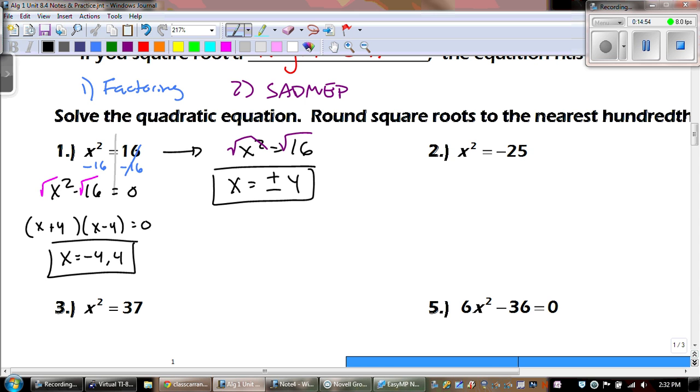Let's look at number 2. Once again, I'm going to see if I can factor it first. So I would add 25 to both sides. That cancels, to get x squared plus 25 equals 0.